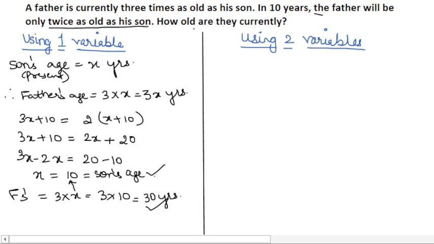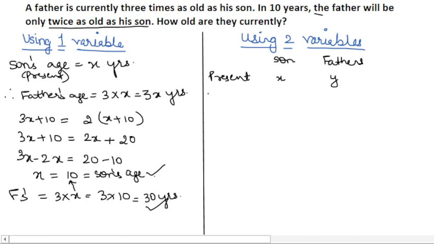Okay, so I have the son's age and I have the father's age, and we are talking about the present ages. The present age of the son is x and the father's age is y. Then we talk about their ages in 10 years.